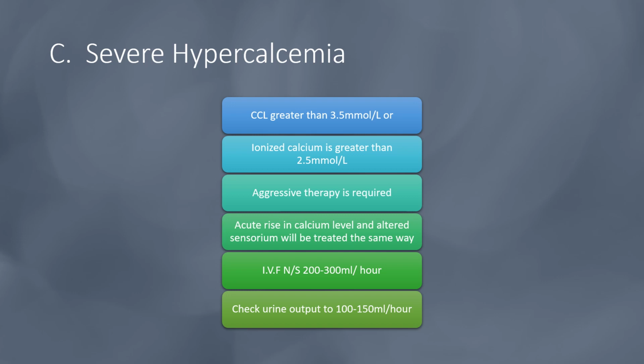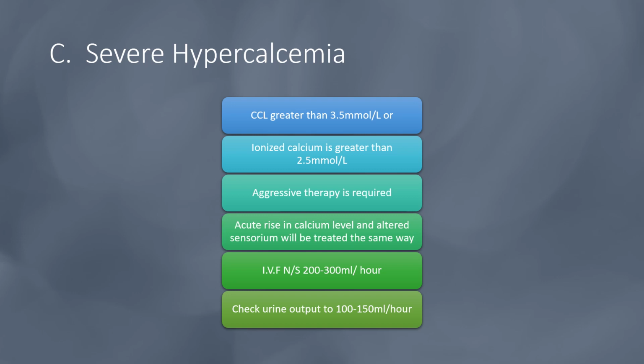Now, C, that is severe hypercalcemia. Corrected calcium level greater than 3.5 millimole per liter is qualified enough to be tagged severe hypercalcemia, or ionized calcium is greater than 2.5 millimoles per liter. At this level, we'll start aggressive therapy.